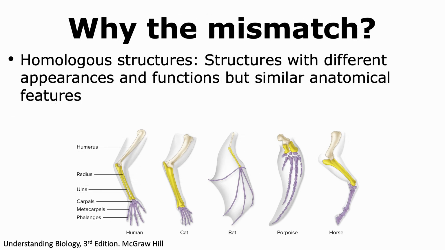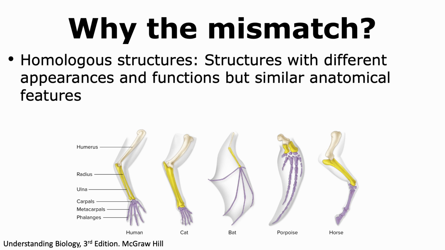Homologous features, such as homologous structures, are structures that have different appearances as well as functions, but when we look at their anatomy, the anatomy is quite similar. So in this picture, we are looking at the forearm of different types of mammals, including humans, cats, bats, porpoises, and horses.